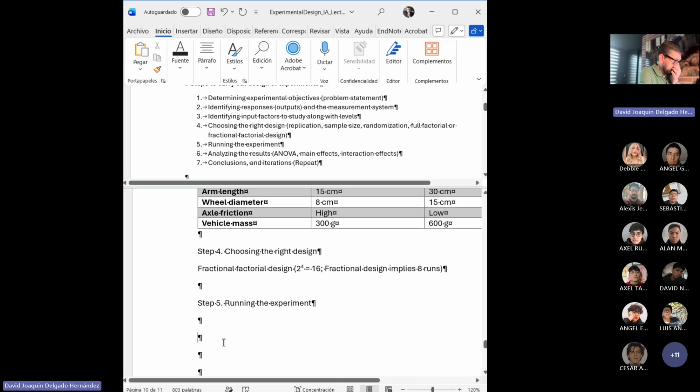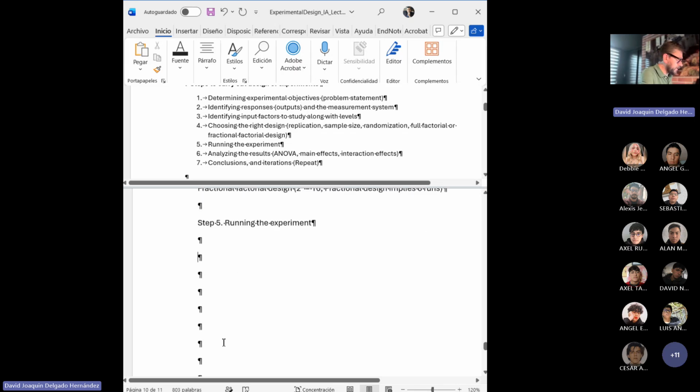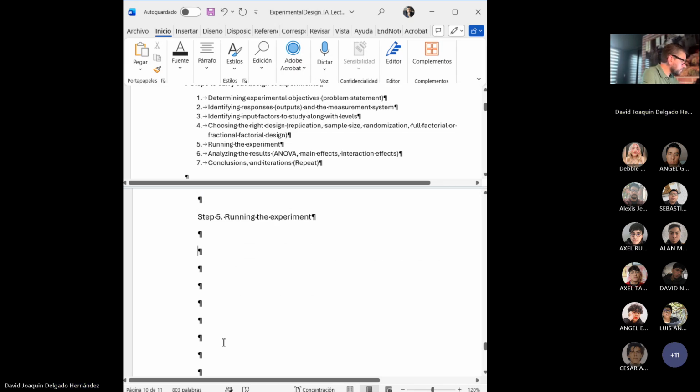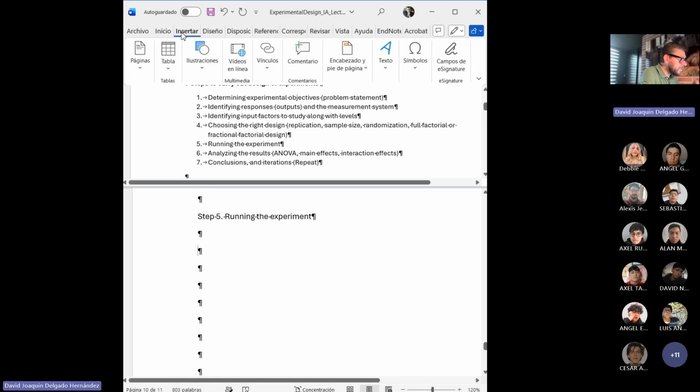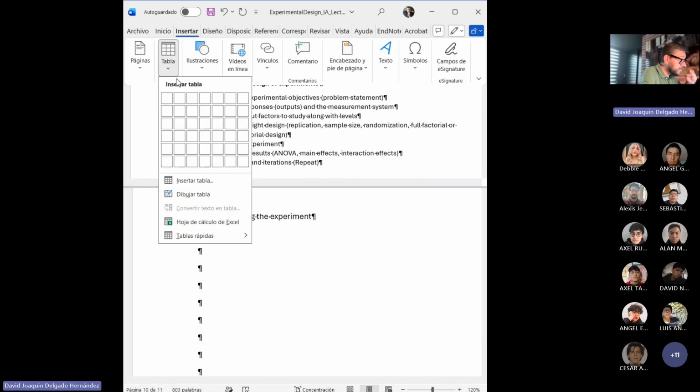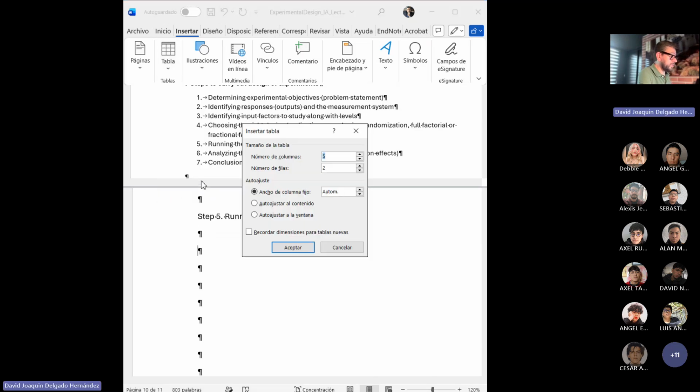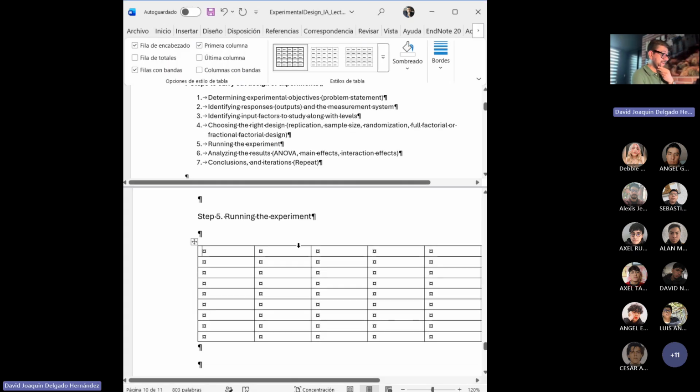Insert table, which is 8. Six columns and 9 different rows. Okay, accept.